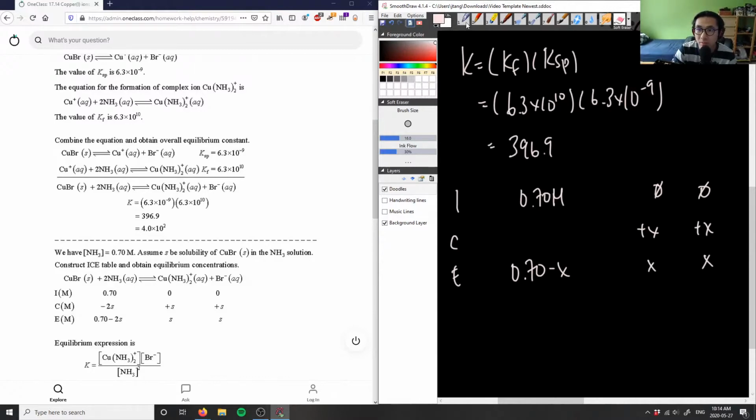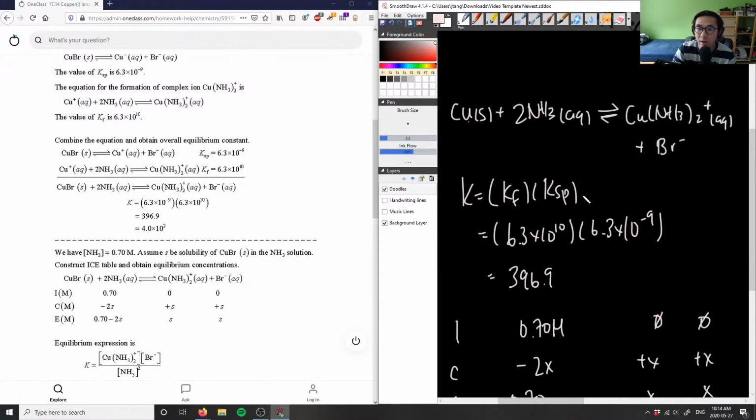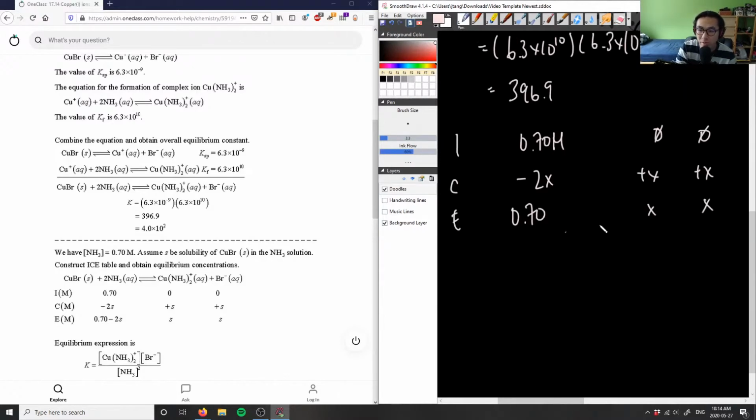So I'm going to erase this. This is a new program for me, so I'm not quite sure how to use it. This is minus 2x here, and this guy should have been minus 2x because of the coefficient of ammonia. That's my fault. Minus 2x here. Then I can write the equilibrium expression, right?